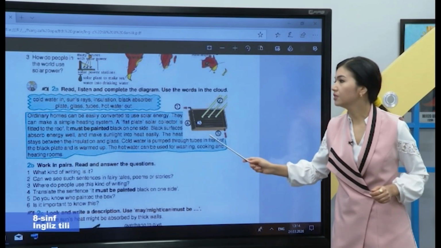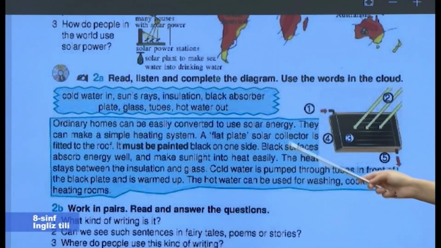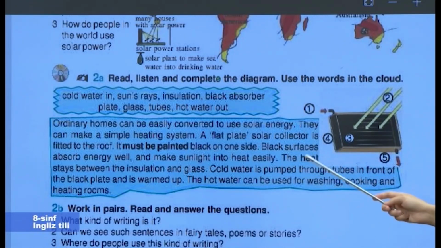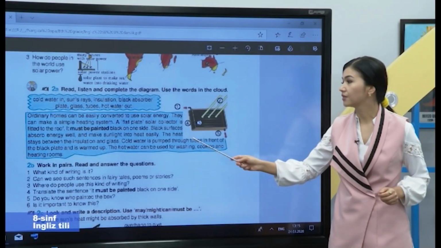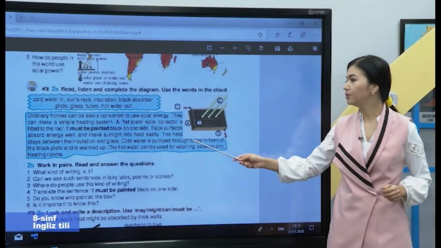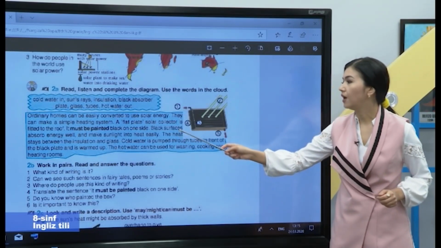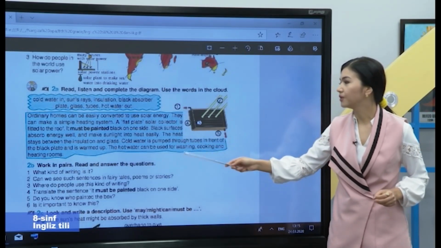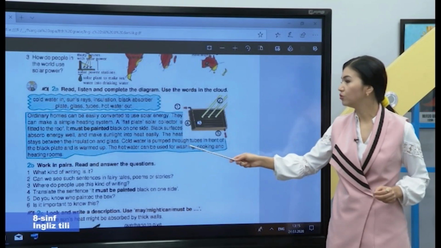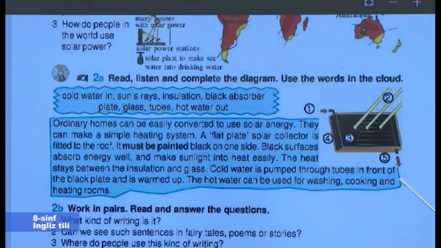Black surfaces absorb energy well and make sunlight into heat easily. The heat stays between the insulation and glass. Cold water is pumped through tubes in front of the black plate and is warmed up. The hot water can be used for washing, cooking and heating rooms.